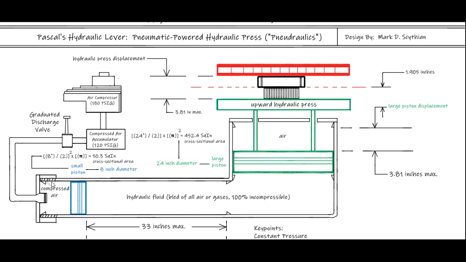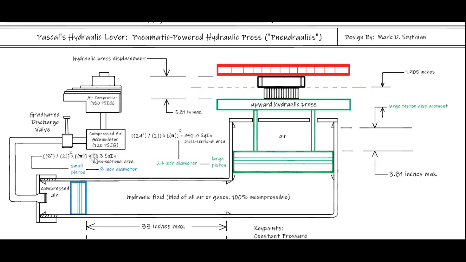So by this means, we can apply the 120 pounds per square inch gauge pressure compressed air upon the piston head area. So in this case, the piston is 8-inch diameter, pi r squared, the diameter divided by 2 radius, radius squared times pi.